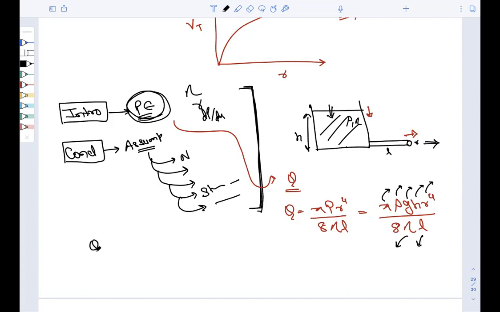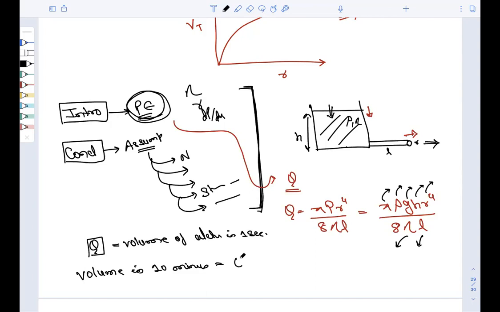So you can find out Q, the volume of alcohol flowing in 1 second, right? So what will be the volume in 10 minutes? In 10 minutes it will be Q into 10 into 60 seconds. Just multiply by 600, right?